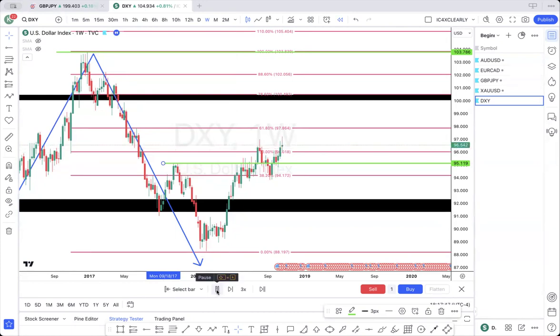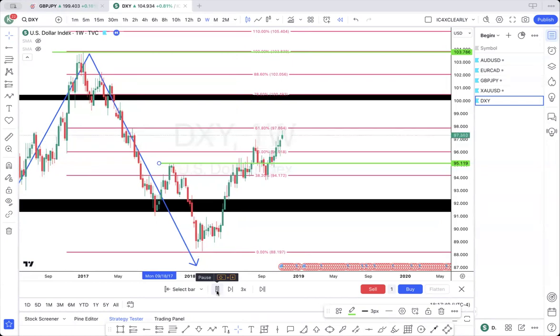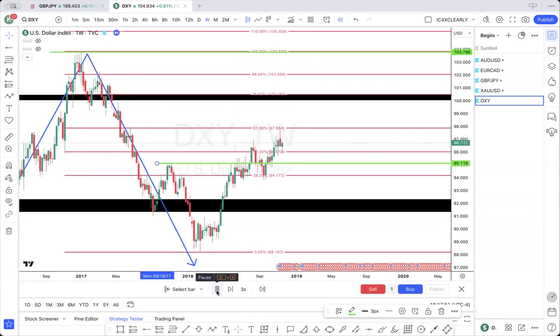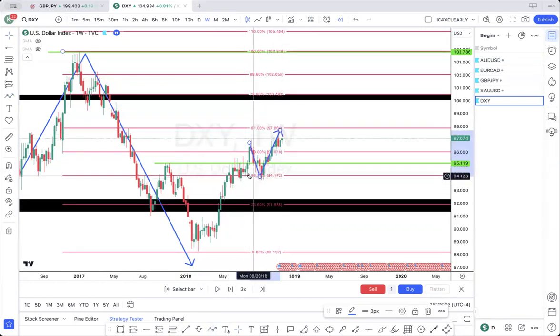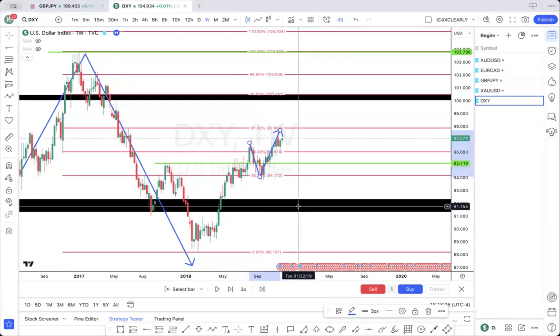Oh, let me keep playing. So now that price has broken this high, this is our last little swing. That means price would have to break this low in order for me to consider a sell.